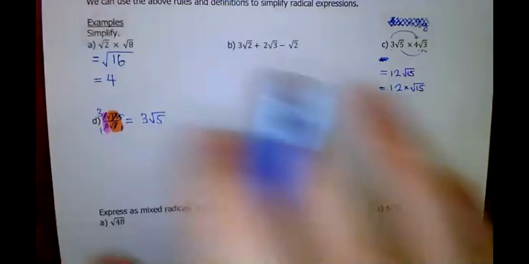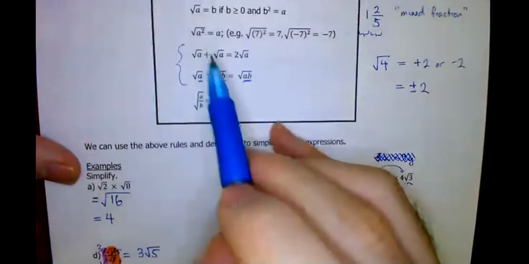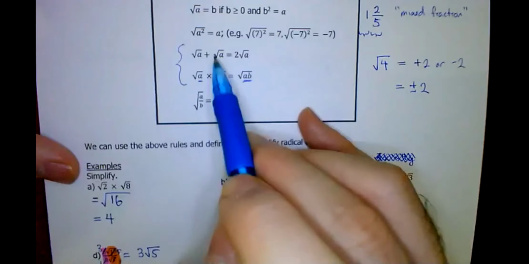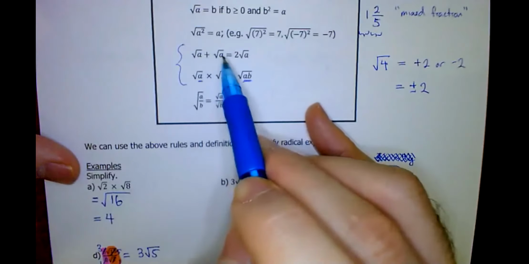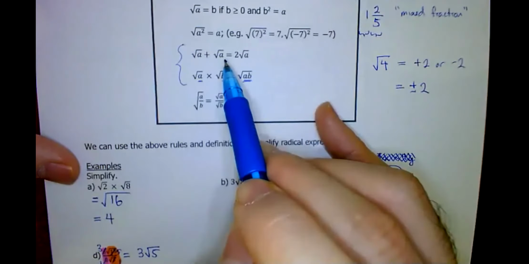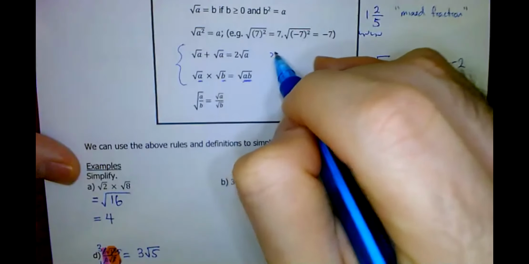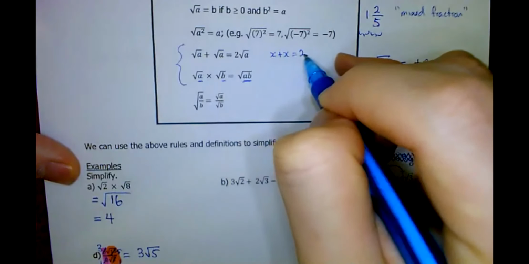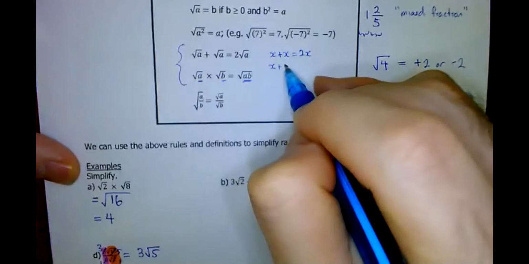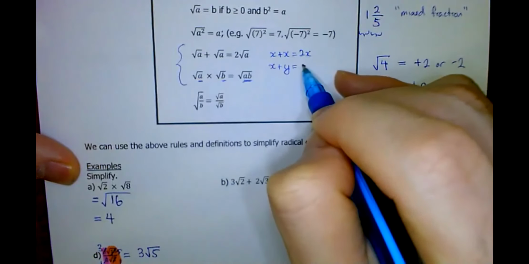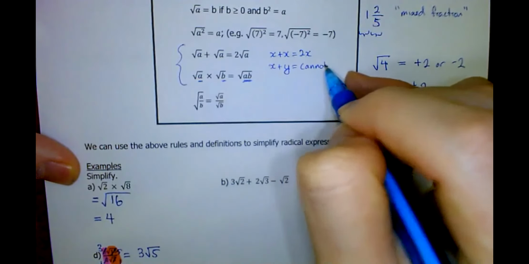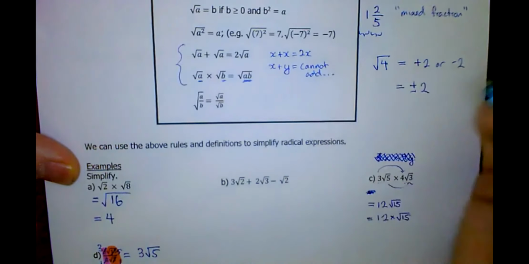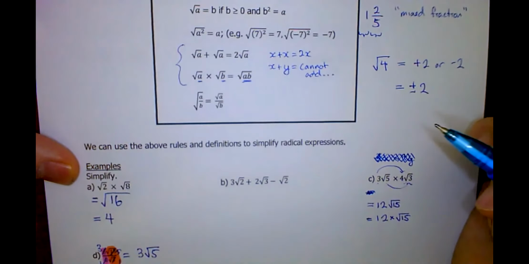Okay. For adding, let's go back. When we are adding the same radicals only. Okay? Just like how if we have x plus x, that can become 2x. But if we have x plus y, two different variables, you cannot go further. Okay?